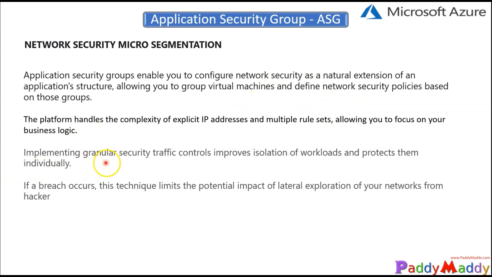It can implement very granular security controls to improve the isolation of your workloads, as I said, front end, back end and the middle servers, and it will protect them individually. At the same time, if a breach occurs, it would be very limited. It doesn't spread to other servers.